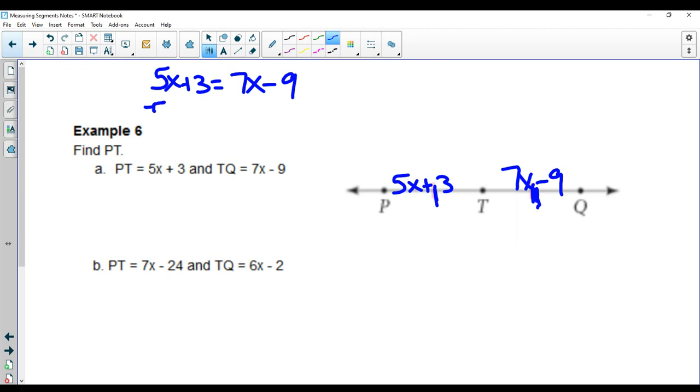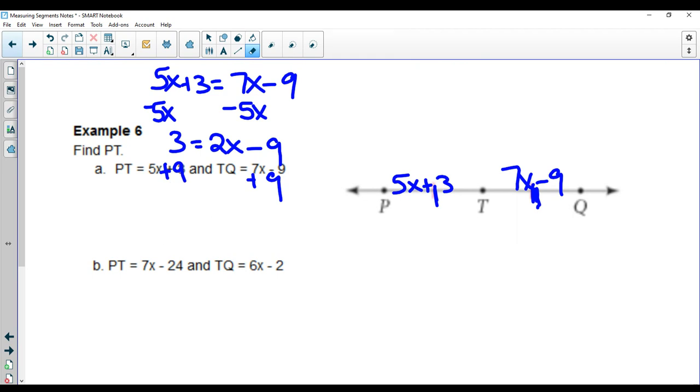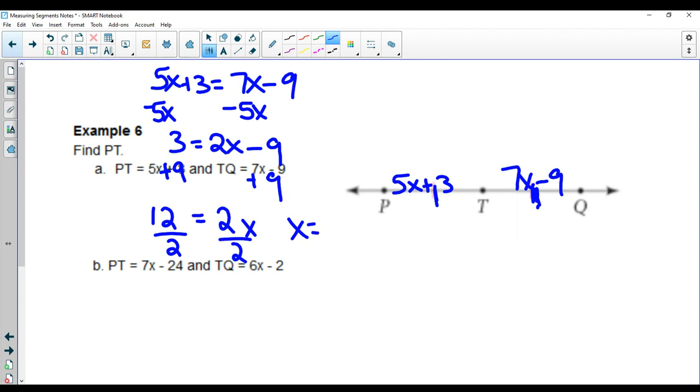I'm going to move the 5x first. Now I'm going to add 9. Whoa. 12 equals 2x, divide by 2, x equals 6.